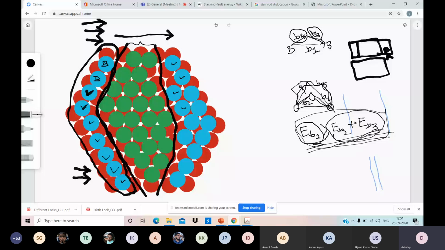But whether it is a stable stacking fault or unstable, it may not happen. What will decide that? Can you tell? No. One more factor that we are not considering here. What is that?